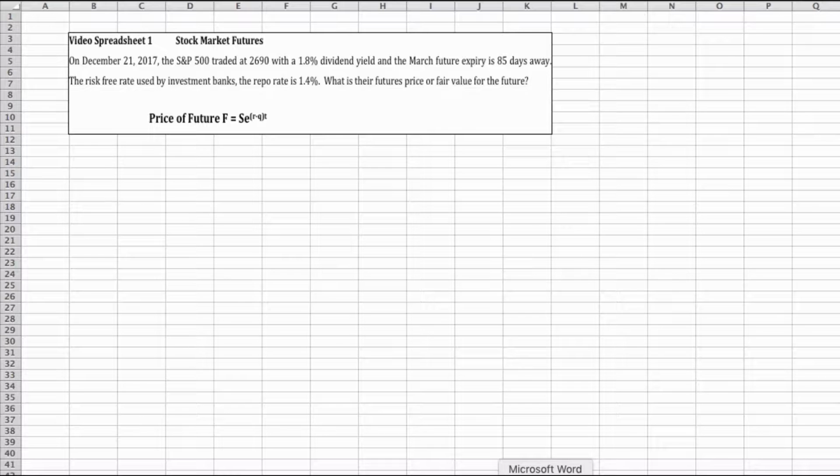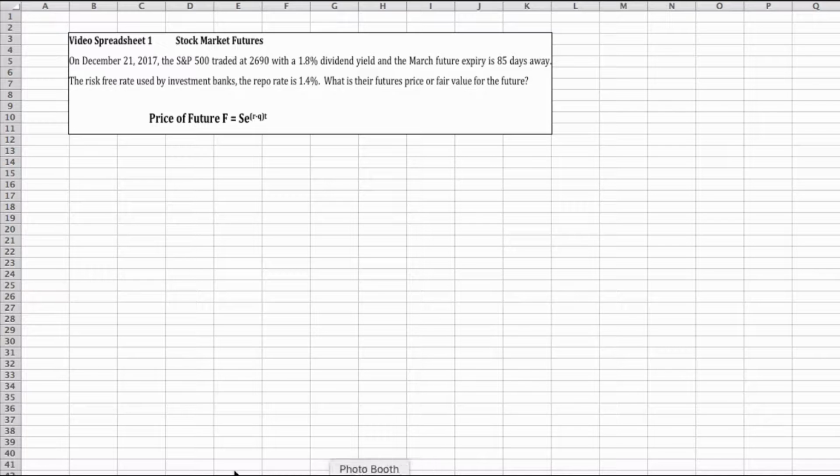Looking at the formula, you see that the price of the future is dependent on the stock index, and then it increases for the cost of financing it, the risk-free rate, and decreases for dividends paid. The reason is that the future does not receive the dividends; the actual share owners do. And then it's adjusted for the length of time out of a year that these yields are in place.